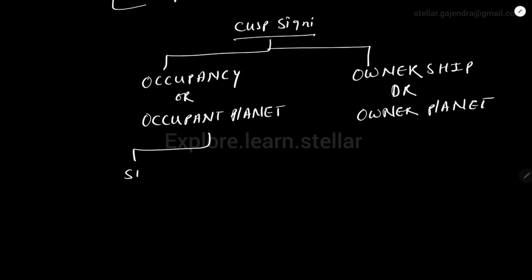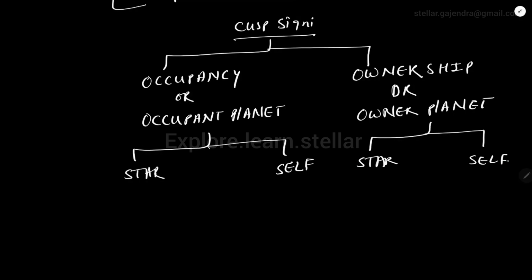So the occupant planet will then be divided into two parts, the star and then self, and the same way the owner planet will be divided into two parts, star and then self, meaning it will first give the result of its star, then self. So now we again have four rules: 1, 2, 3, and 4.